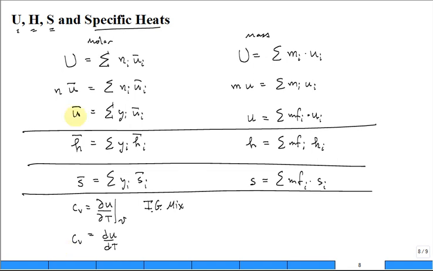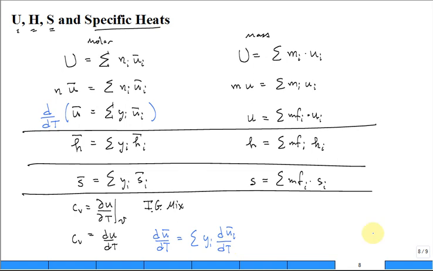So we come back to this equation, maybe right here, and we take the derivative with respect to temperature of that whole equation. Okay? So if you do that, what you find is you'll get the derivative of U bar with respect to temperature is equal to, take the derivative inside that summation, you'll get the sum of Yi derivative of U bar I with respect to temperature.